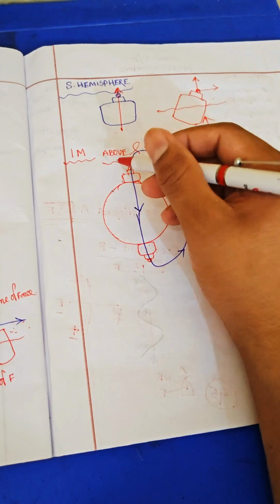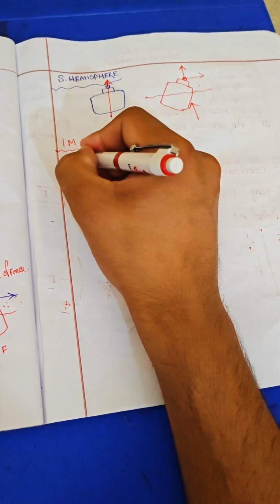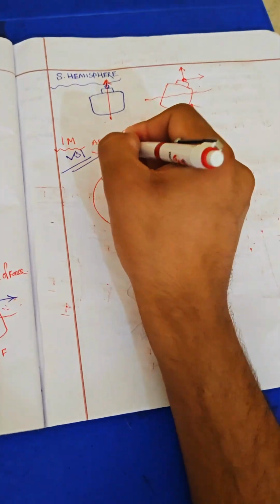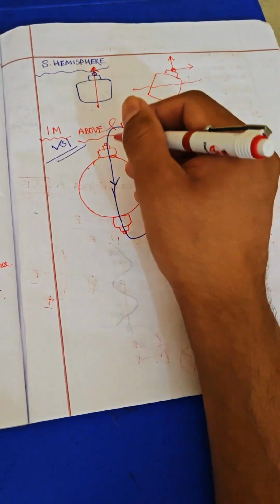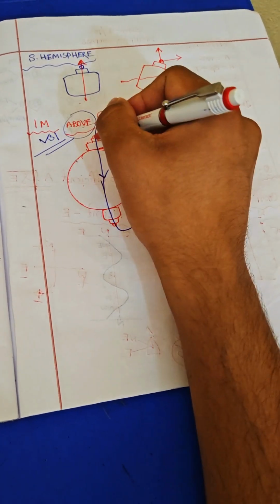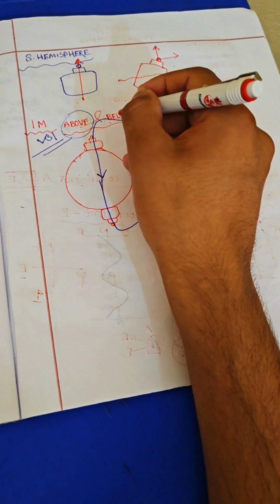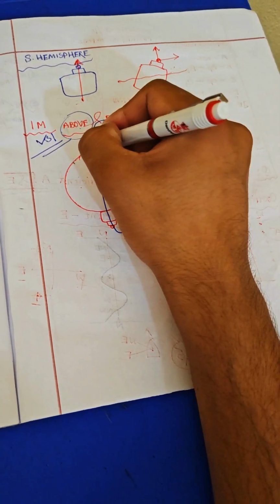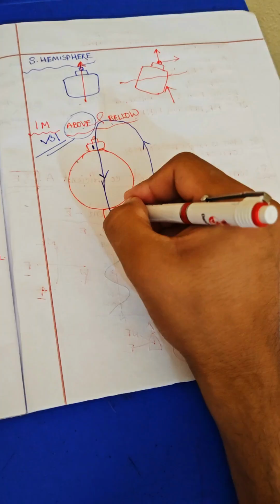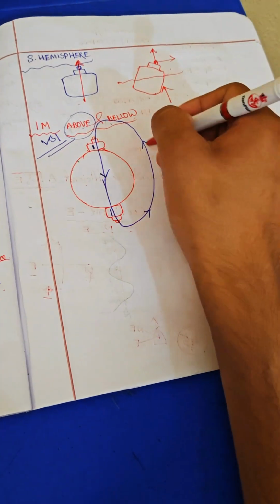So now for the induced magnetism, that is the VSI, the VSI above or below. You know, guys, there is no VSI above, because above the compass there will be nothing, so it's always on the below. So below, here one VSI I placed. The line of force is passing this way.